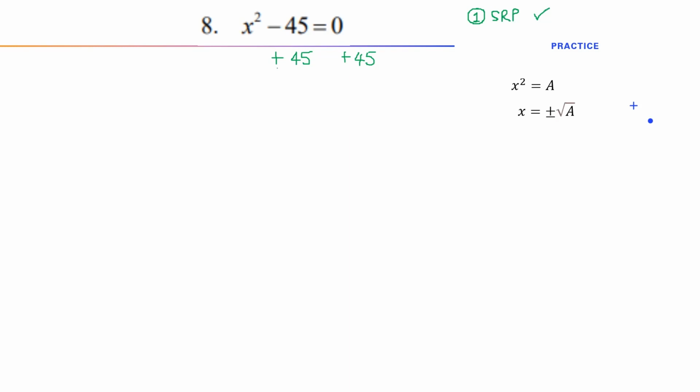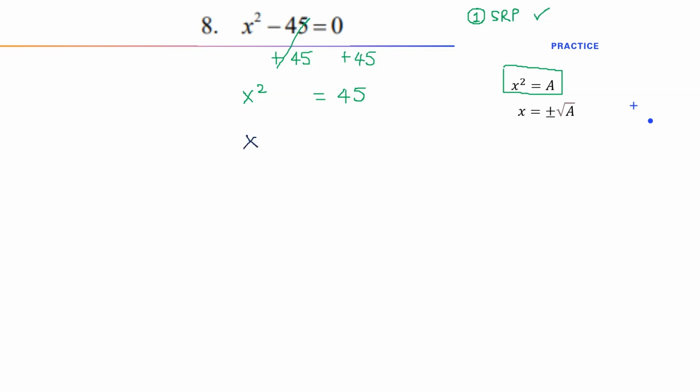We cancel out that one because it's 0. We isolate x squared equals 45. And that is this form. That saves us a lot of time, right?